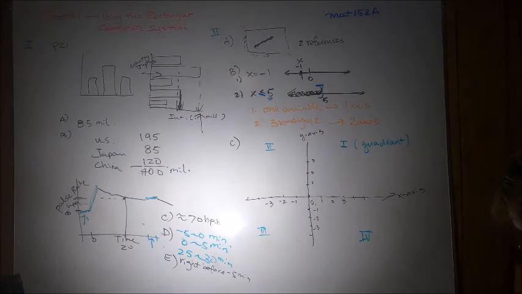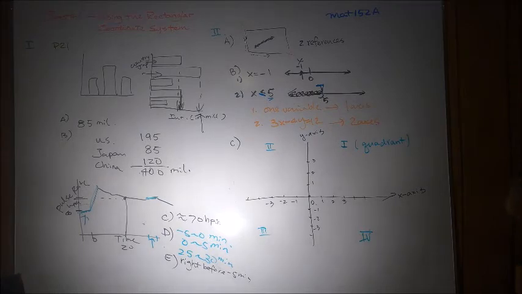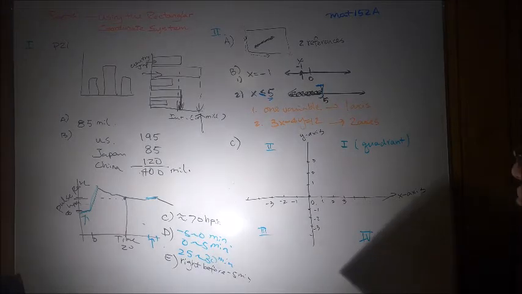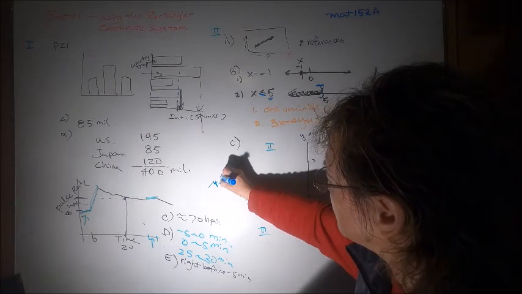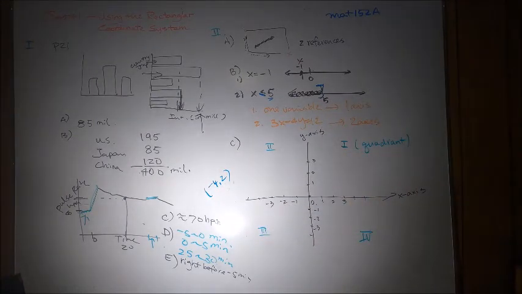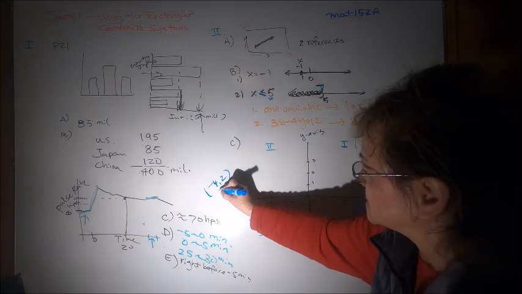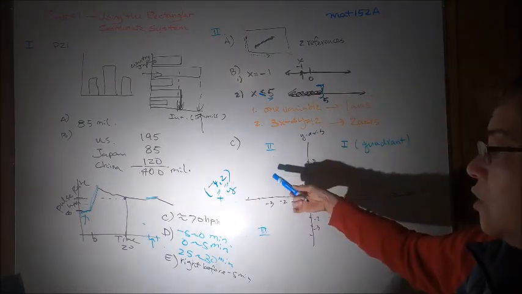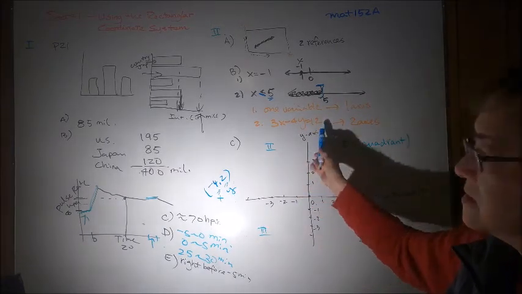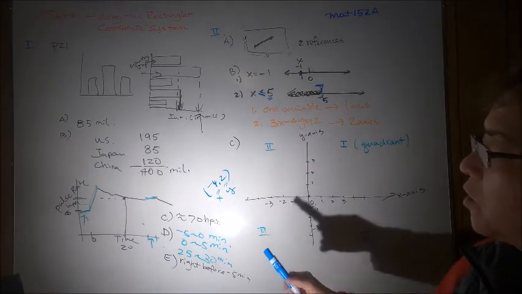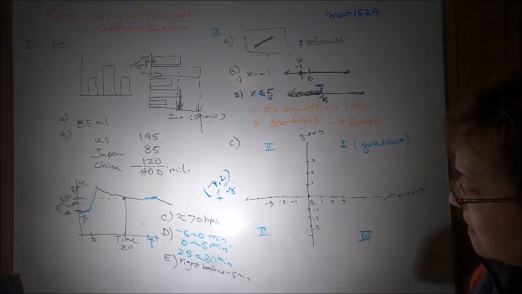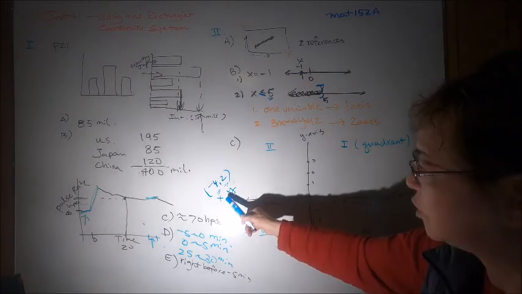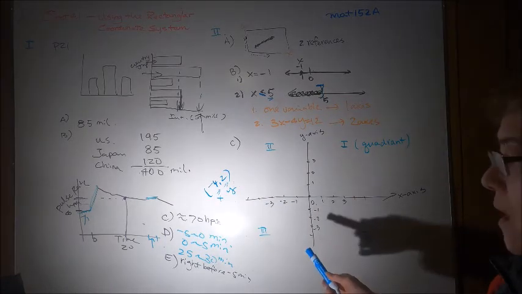And each point in these 4 areas, let's take a look. So if I have (-4, 2), what do you think? Where is it? It follows the order, alphabetical order. So x, y, z, and so on, right? So we call it the coordinate system. They coordinate with each other between x and y.